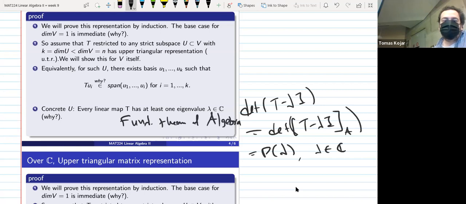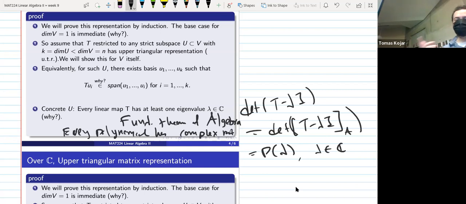Every polynomial has a complex root. And if you want to get n roots, you just use Euclidean division. But the amazingly hard result is showing the existence of one root. That's hard. It's amazingly hard just to get one root.